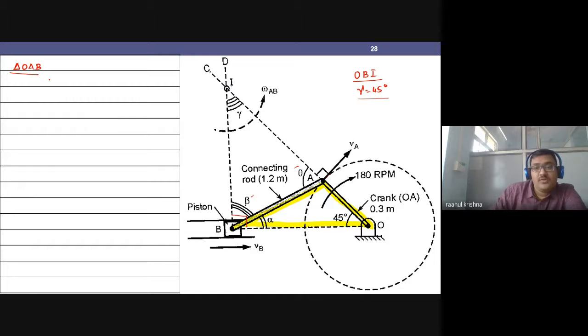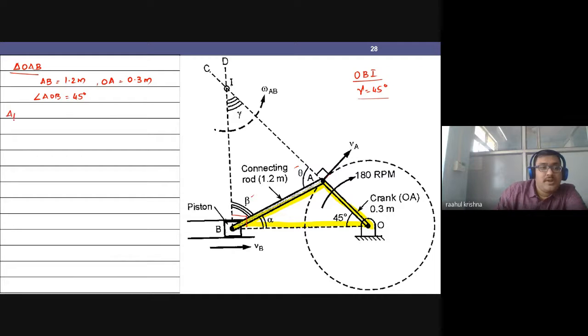I know length AB is 1.2 meters, length OA is given as 0.3 meters, and angle AOB is given as 45 degrees. So I know two lengths and one angle. Can I apply the sine rule there? Let us have a look.